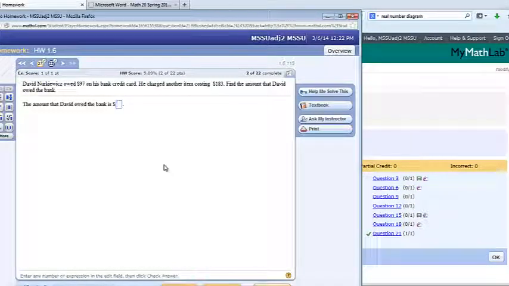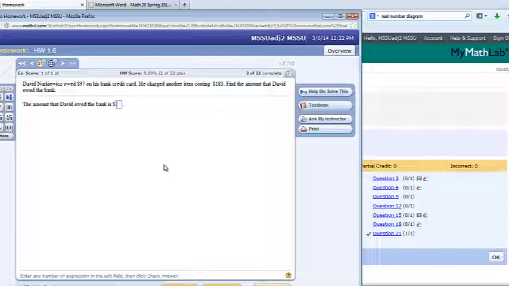Okay, so let's look at question 21. It says that David Nurkowski owed $97 on his bank credit card. He charged another item costing $183. Find the amount that David owed the bank. So, David owed the bank $97, so that'll be your first number. And then he charged another item costing $183.